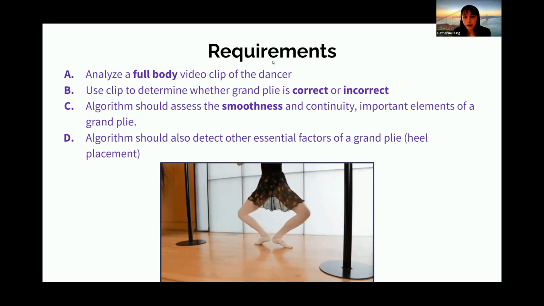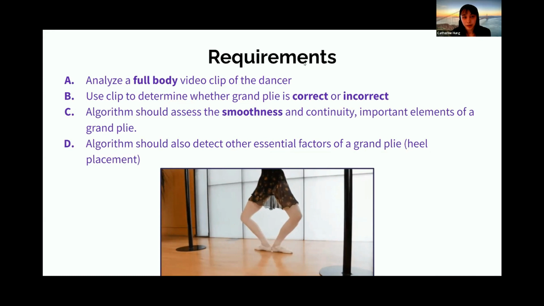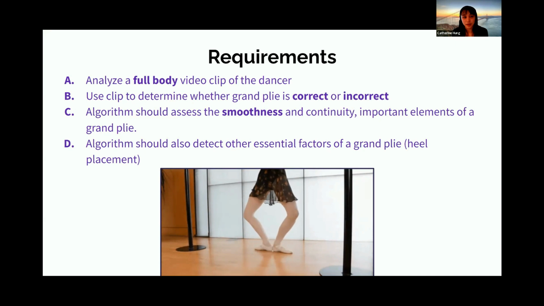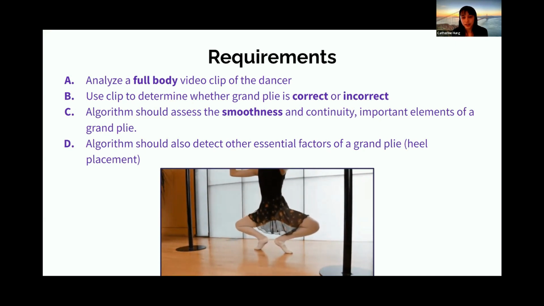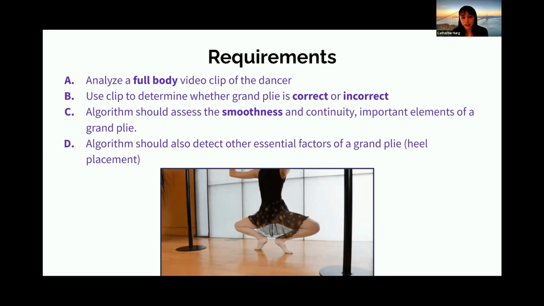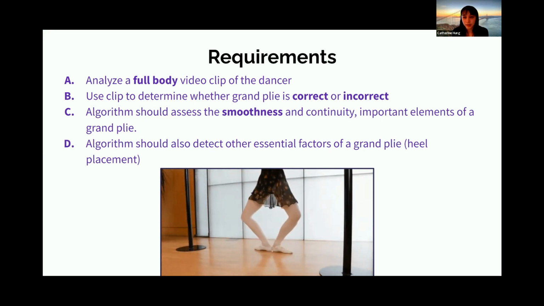So these are my requirements for the dance algorithm. We want to analyze a full audio video clip of a dancer from head to toe, because when determining whether or not a move is correct or incorrect, you need to consider all of the body parts. You have to take all of those into consideration, not just the movement of the legs, but also the movement of the arms and head.